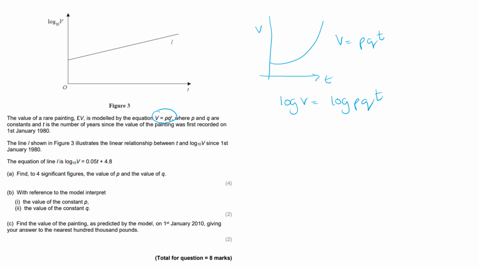And then using your log laws, because these are multiplied together, you can say that that's log of P plus log of Q to the T. And then using your log law, that T can come down.